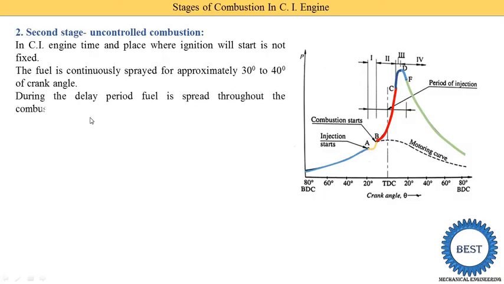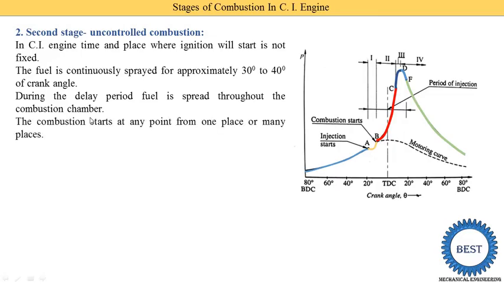During this delay period, fuel is spread throughout the combustion chamber. The combustion starts at one place or many places. Diesel is completely sprayed inside the combustion chamber, so combustion may start at any point, a single point or multiple points. Also, when combustion starts, multiple flames are produced.